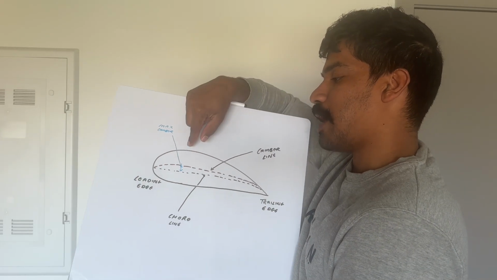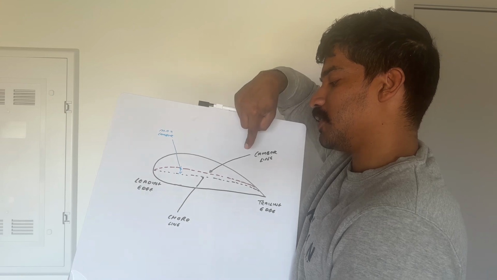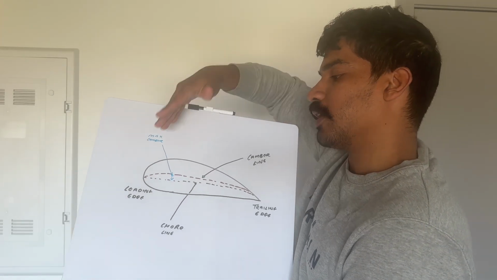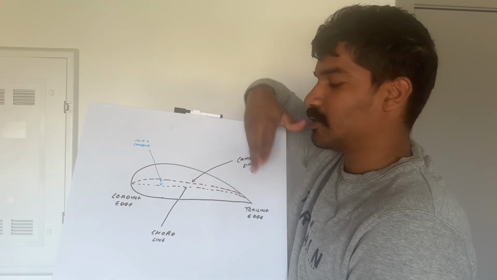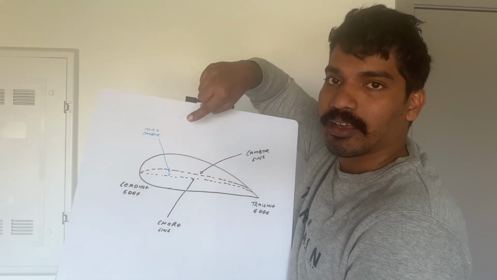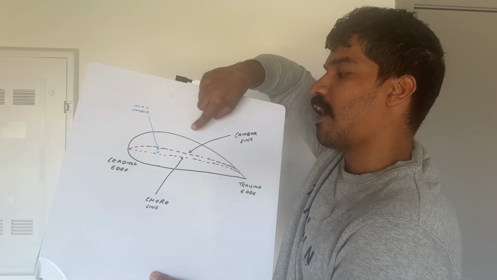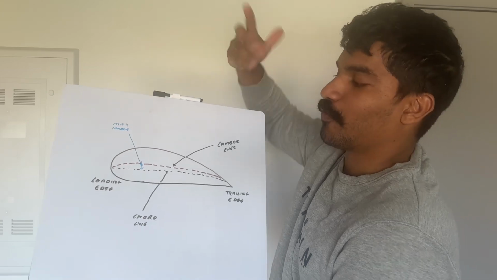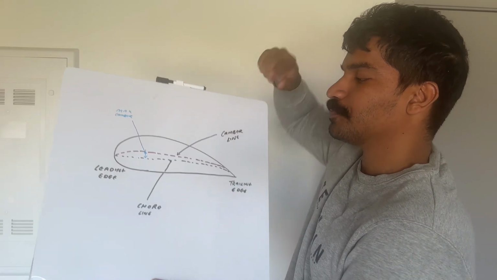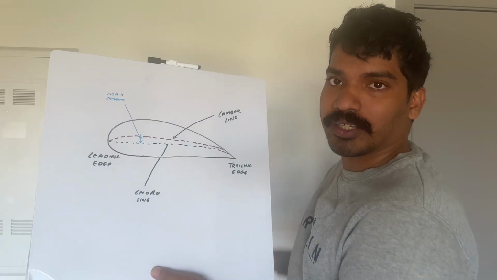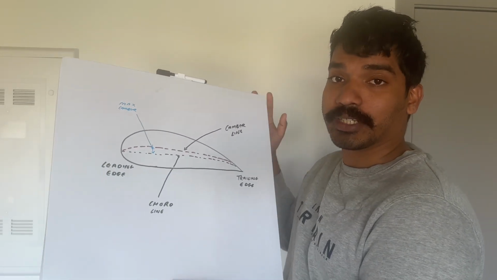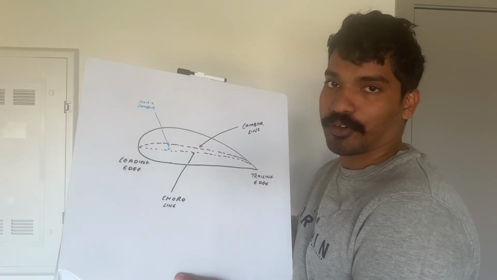So the chord line is just a line which is going from the leading edge to the trailing edge. But the camber line basically divides any aerofoil into two equal halves, right? In my drawing, of course, it does not seem so, but if you cut across a wing on this pink camber line, you'll get two equal halves of an aerofoil.